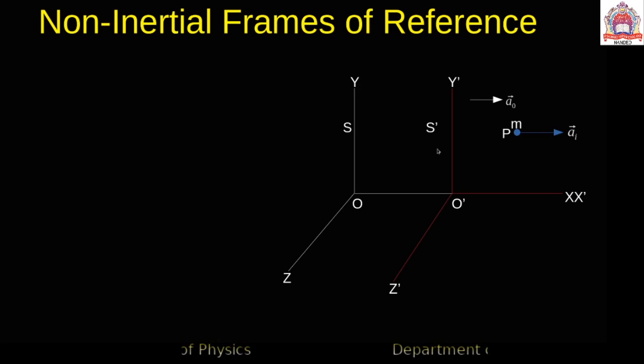Thus the non-inertial frame S dash may be supposed to be moving with an acceleration a0 relative to the inertial frame S.